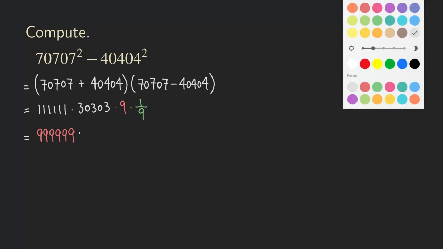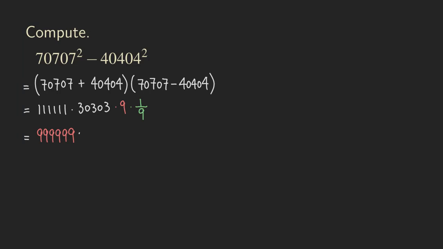What can we do here? This 9 becomes a 3, and this one becomes 10101. So we are getting a nice number, right? Okay, so we get 10101.